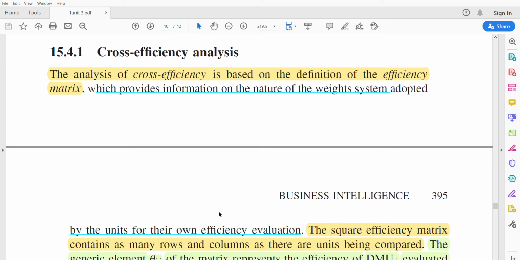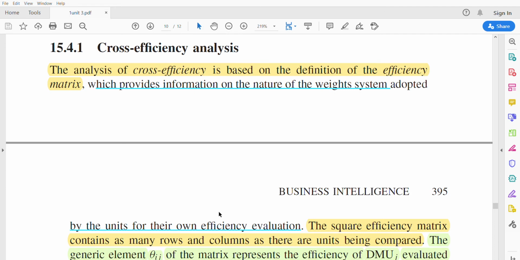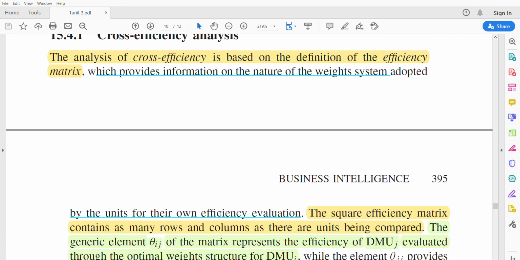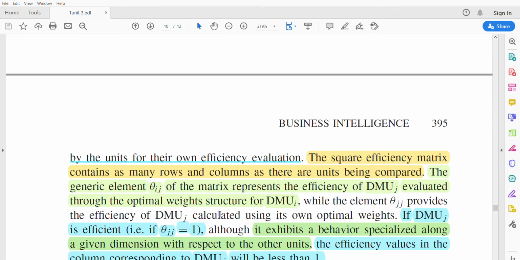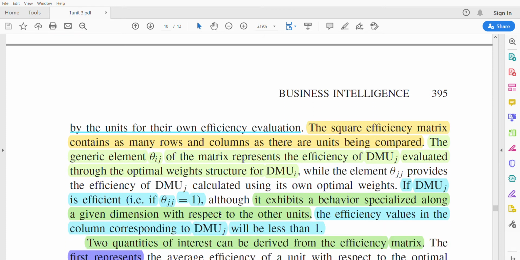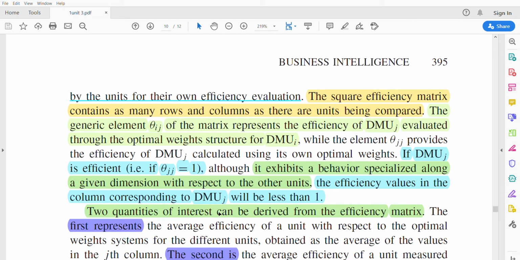This efficiency matrix provides information on the nature of the weights system adopted by the units for their own efficiency evaluation. The square efficiency matrix contains as many rows and columns as there are units being compared. So, in the data envelopment analysis, all the units we compared are placed as rows and columns within the efficiency matrix.